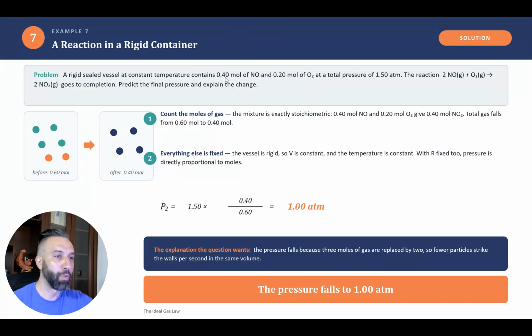So if I got 0.4 moles of NO and 0.2 moles of O2, and I see the reaction tells me that NO and O2 react 2 to 1. What does that mean?